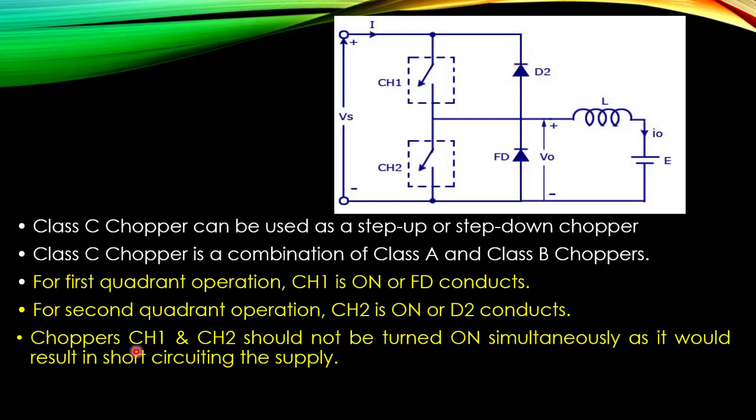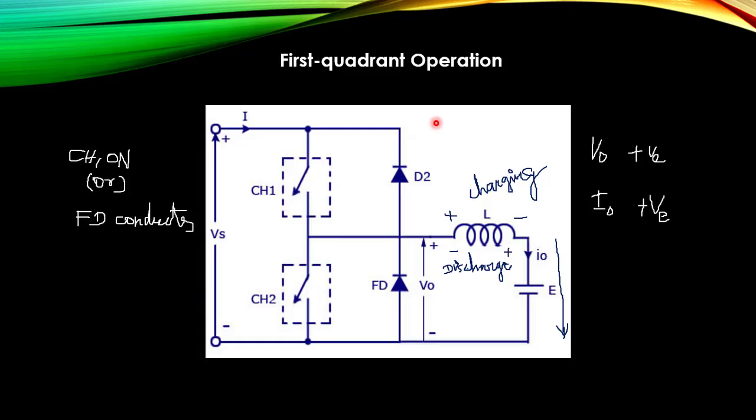The third one: choppers CH1 and CH2 should not be turned on simultaneously, because if we turn on these two choppers together, it would cause a short circuit. So we should not turn on these two choppers simultaneously.